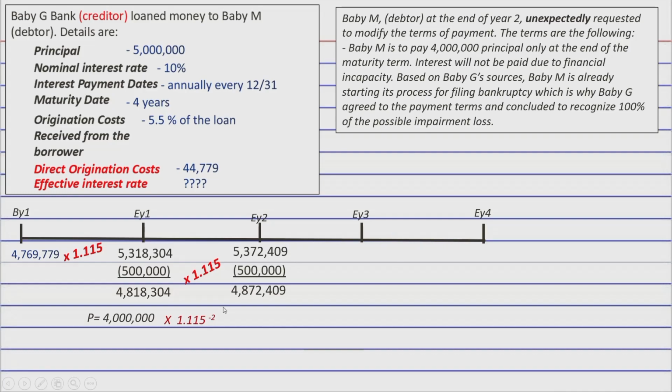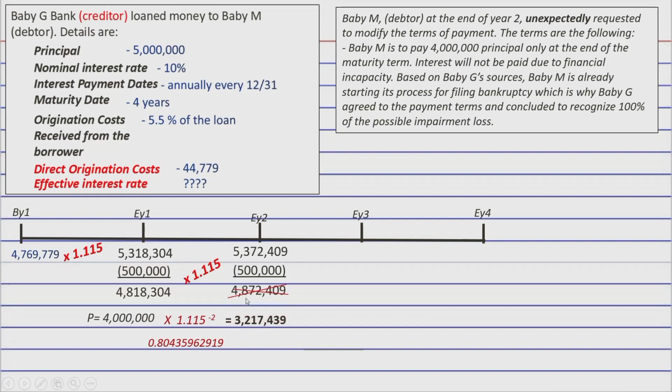Okay, so that's negative 2. Now, if you simplify this, you will get a present value factor of this one. Now, this factor times 4 million equals the new receivable already of 3,217,439. So, this old receivable will be crossed out automatically.